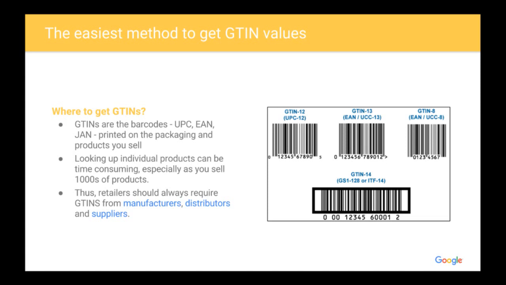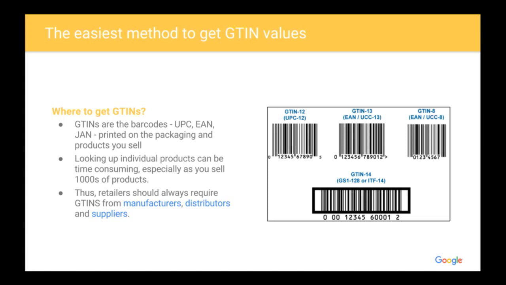On May 16th, we'll require merchants targeting specific countries, specifically US, Australia, Brazil, Czech Republic, France, Germany, Italy, Japan, Netherlands, Spain, Switzerland, and the UK to submit correct GTINs and the corresponding brand for all products with GTINs assigned by the manufacturers.